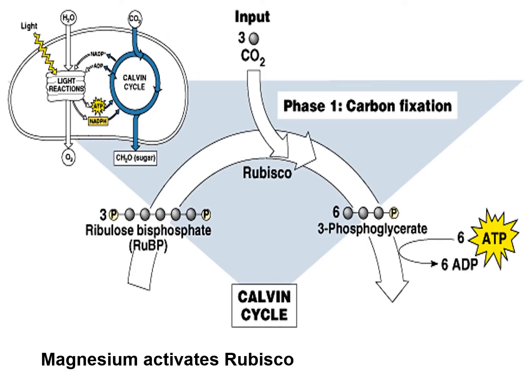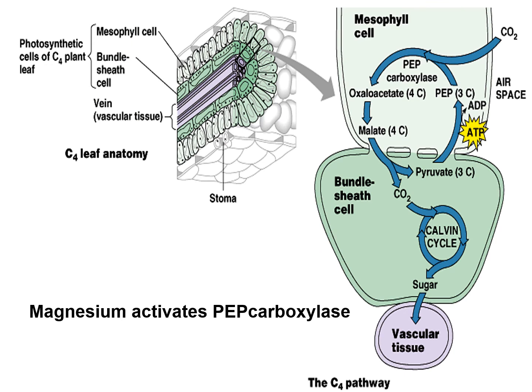Magnesium is an activator of ribulose bisphosphate carboxylase and also phosphoenol pyruvate carboxylase, two critical enzymes involved in carbon fixation.